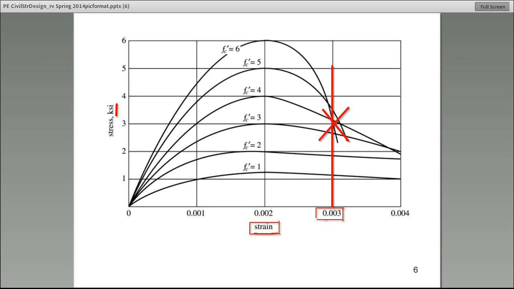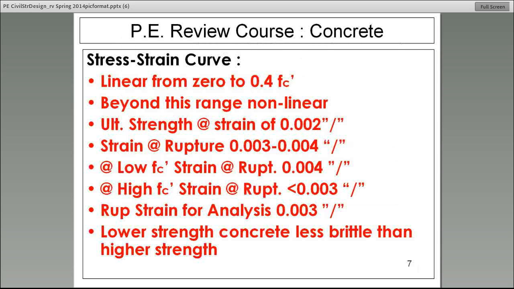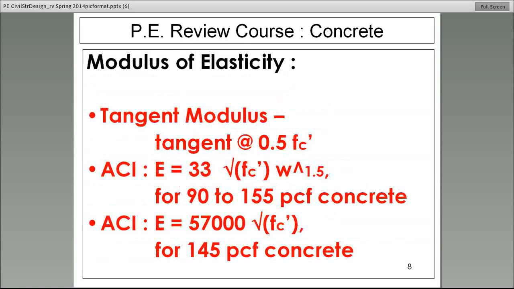So we are going to use these principles we've talked about. We are going to assume concrete is going to fail when the strain reaches 0.003. Slide number 7 pretty much discusses and tells you what I just told you about the previous slide. So please read this.